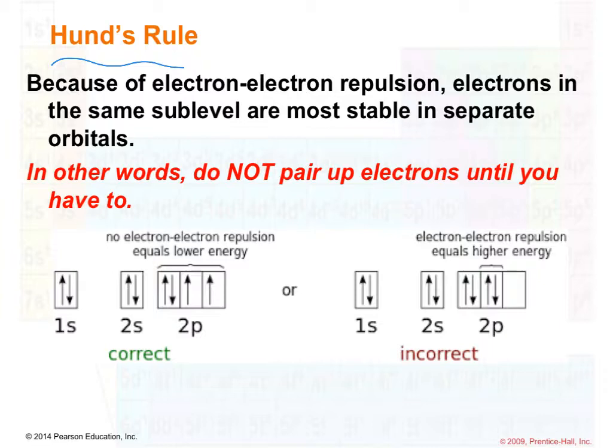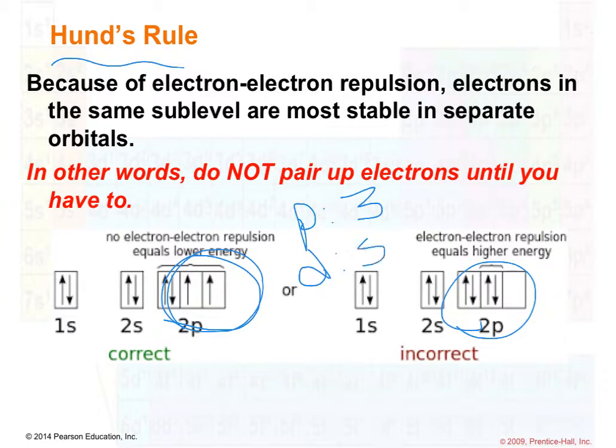Hund's rule basically says that if you are talking about equal energy orbitals, so what am I talking about? Well, if you get to a sublevel that has multiple orbitals in it. Do you remember a p sublevel has 3 orbitals, a d sublevel has 5, and an f sublevel has 10?